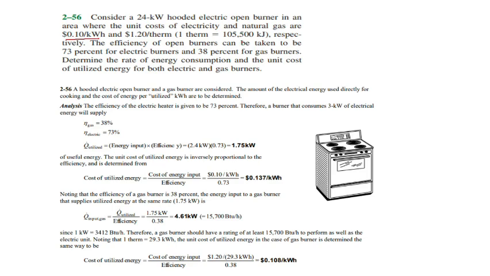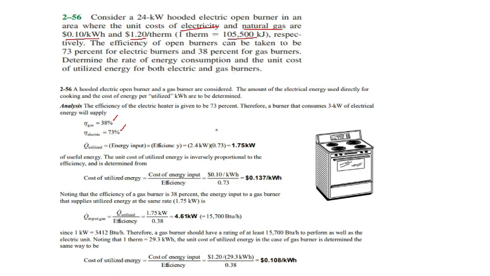So one therm is equal to 105,500 kilojoule. So the unit cost of electricity and natural gas is given. For electricity the cost is 0.1, while for natural gas the cost is 1.2. The efficiency of the open burners can be taken to be 73% for the electric burners and 38% for the gas burners. So for gas and for electric the efficiency is given. You have to determine the rate of energy consumption and the unit cost of utilized energy for both electric and gas burners.